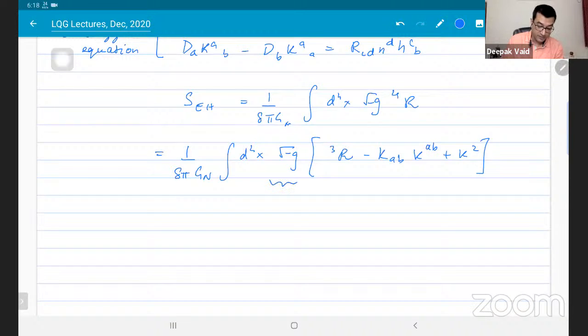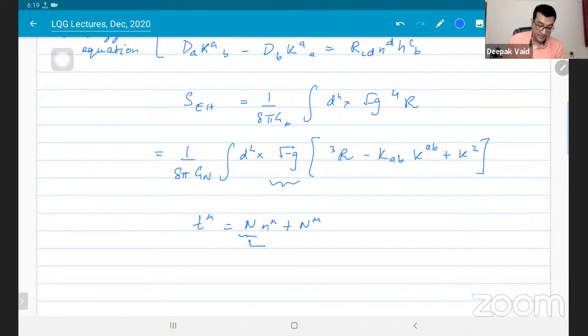Now we have another term here, this root minus g, which is as yet to be expressed in terms of the hypersurface quantities. So you remember that we defined this time evolution vector field, and it can be written as a sum of the hypersurface orthogonal part and the hypersurface tangential part, right?